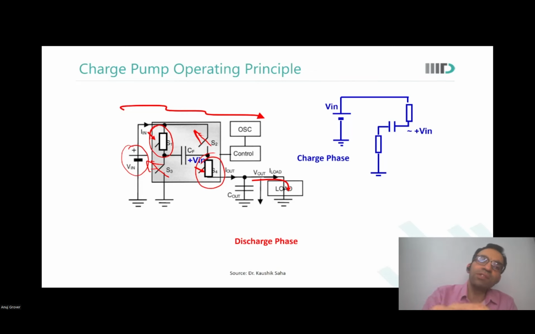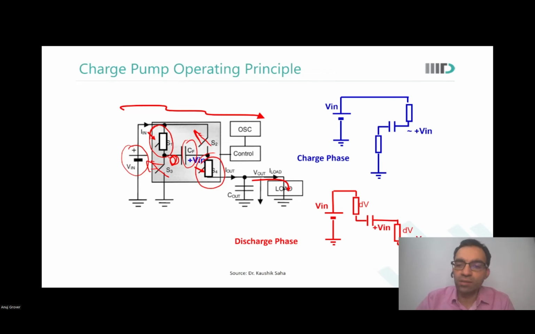All of a sudden, what happens? This plate, which earlier had a 0 on it, now at once has a Vn on it. What does that mean? Because we know that this side was more charged. So this plus Vn goes to 2Vn.